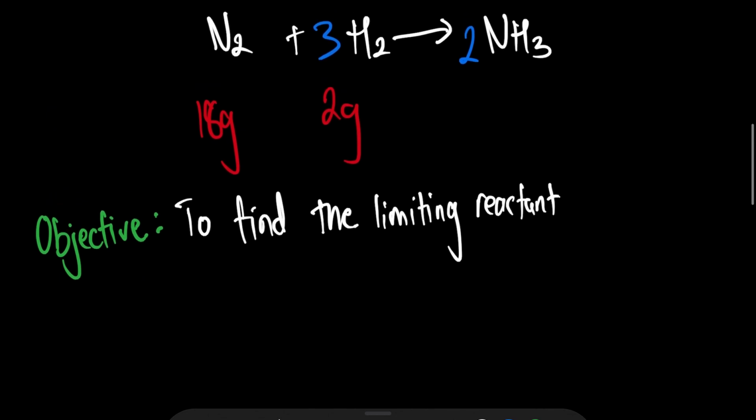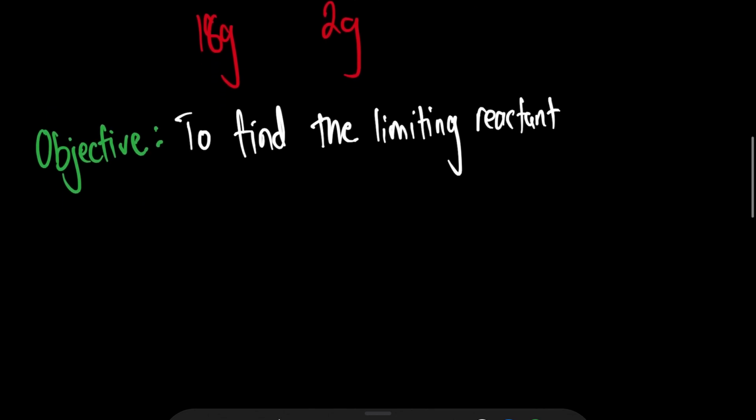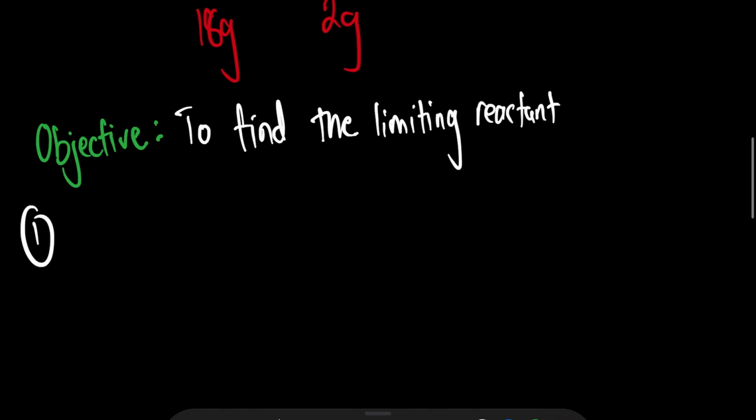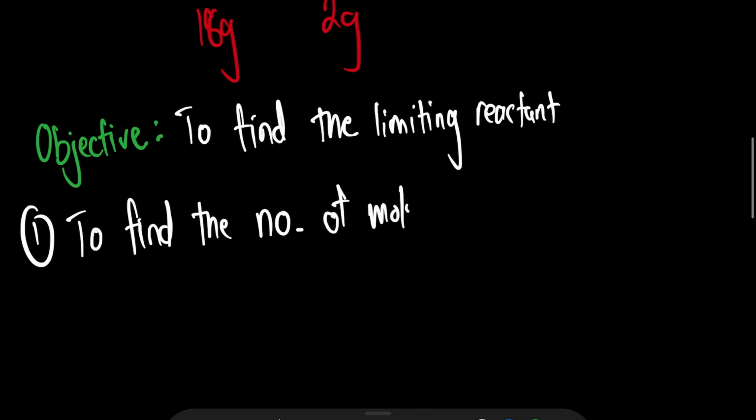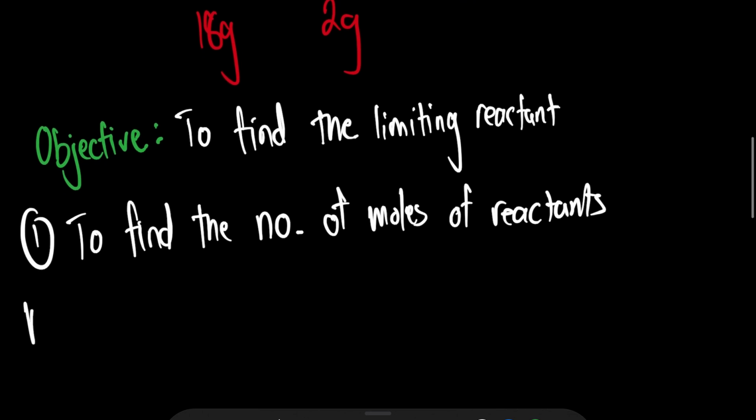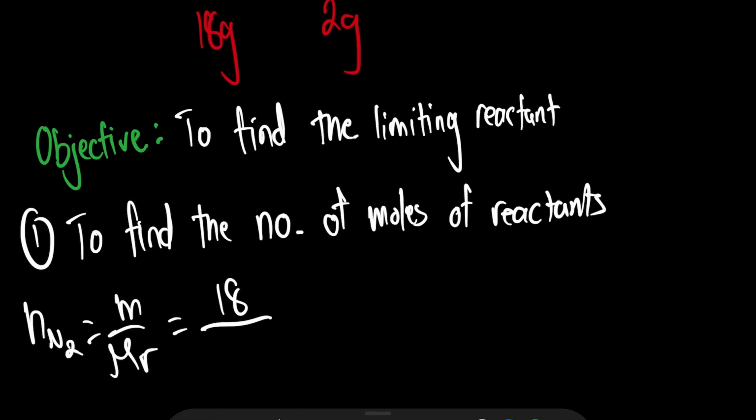Now to do this, you'd have to undergo some calculations. So the first step is to find the number of moles of your reactants. So we could say that the moles for nitrogen are equal to mass over molar mass, which are equal to 18 grams, which was your given mass, over 28.02.